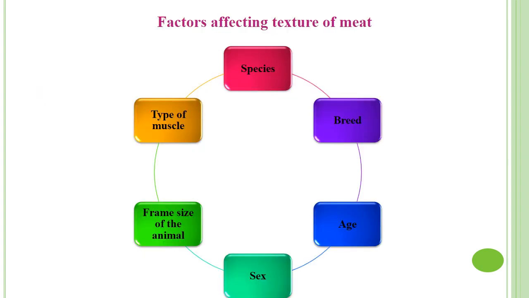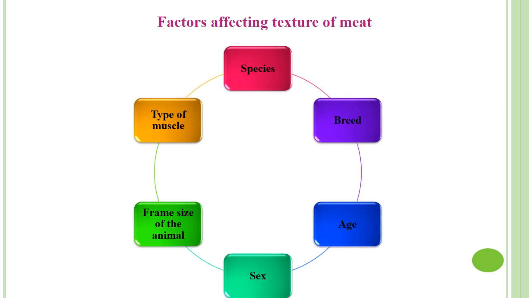Here we can see the factors affecting the texture of meat. As usual, it is the species that plays an important role in different texture. Then within the species, different breeds have variation. Within the breed, different age. The younger age and the older age have a difference in the texture of muscle.